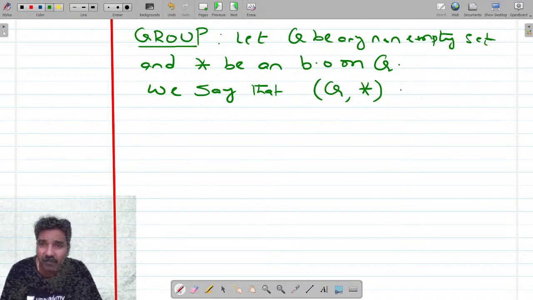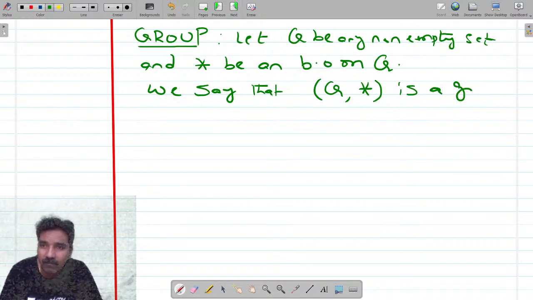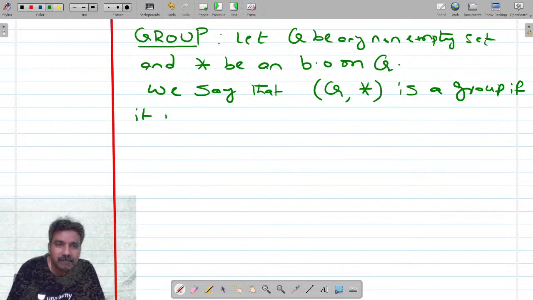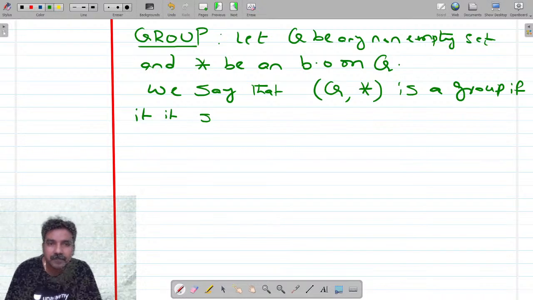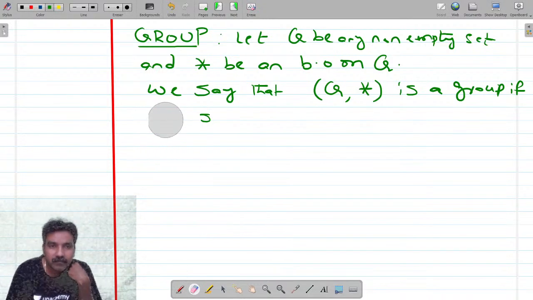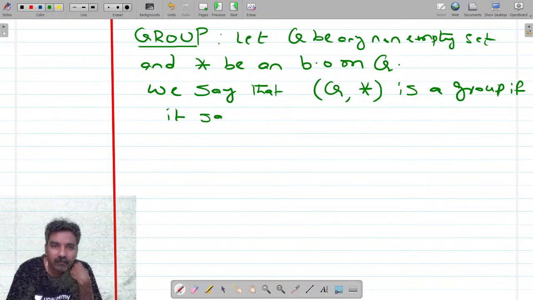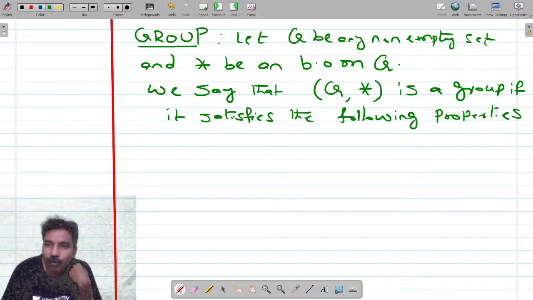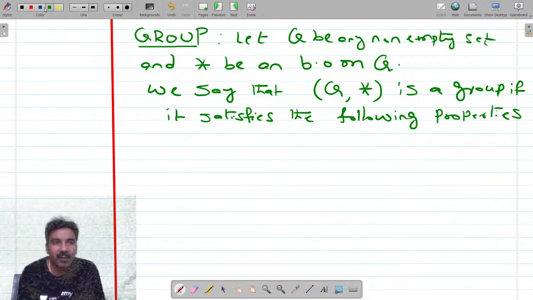We say that G comma star is a group if it satisfies the following properties. Let us see one by one.